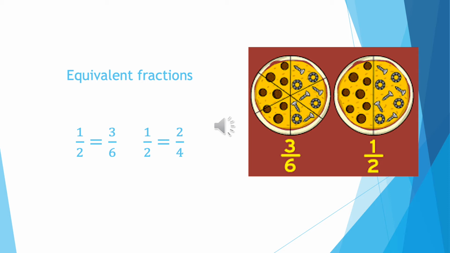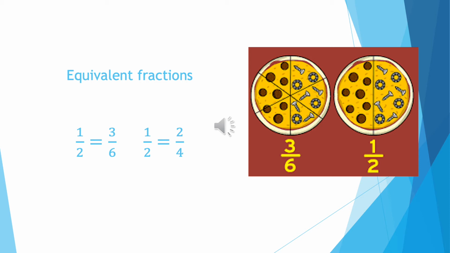Now we would like to know about equivalent fractions. Equivalent fractions are two fractions which have the same value. So, for example, here I give you two pizzas. The first pizza I divided into 6 and the second pizza I divided into 2.